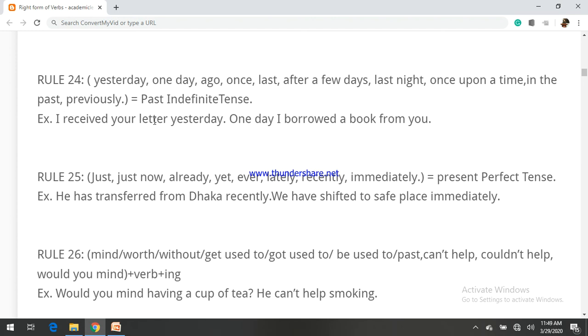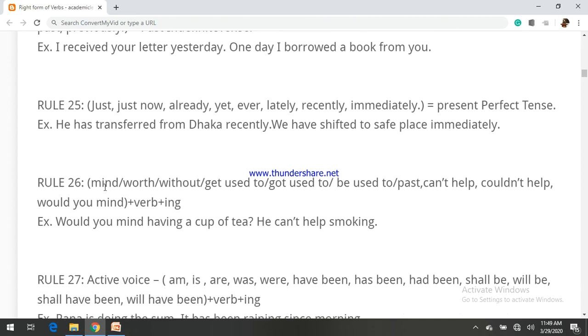Here, yesterday is the tense marker. That's why there is "received", the V2 form. And then, one day I borrowed a book from you. Here "one day" is the tense marker for past indefinite. That's why subject plus V2: I borrowed.